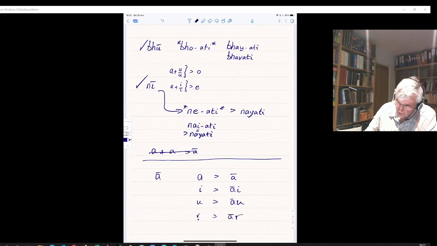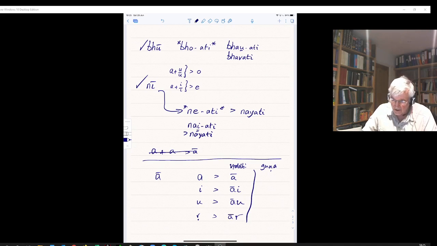So I'll give you the forms down here. There's vriddhi in this column, guna in this column. As we already said, the guna of A is unchanged, A. The guna of I is E. The guna of U is O. And the guna of R is ar.